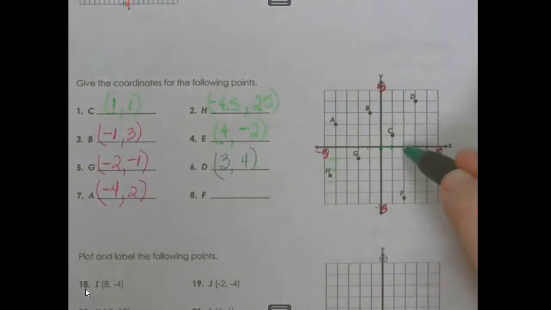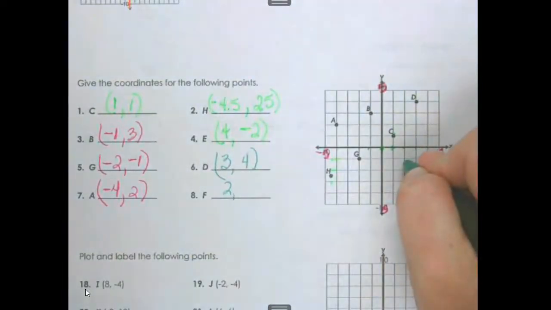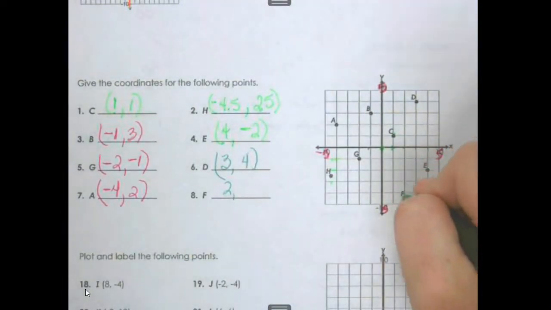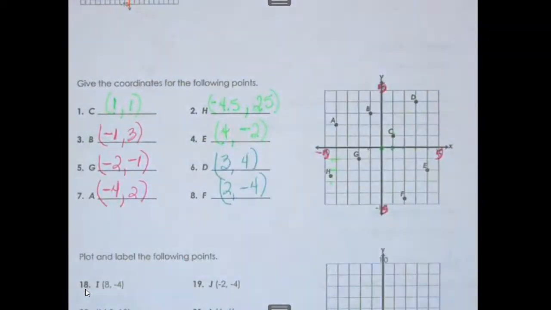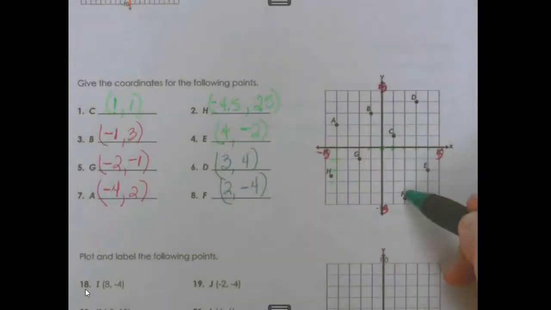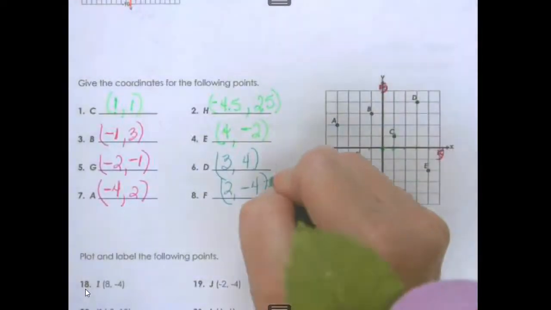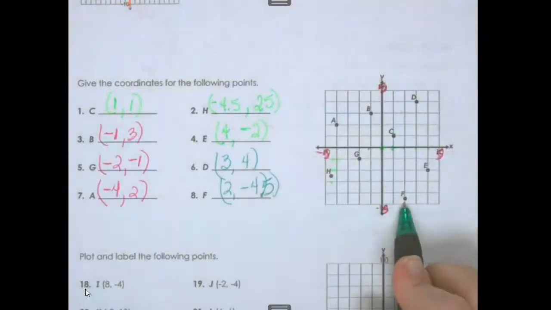F, 1, 2, and then 1, 2, 3, 4, -4. No, 4.4 and 5/10, because it is right in the middle.